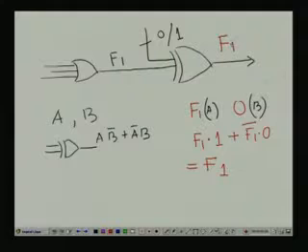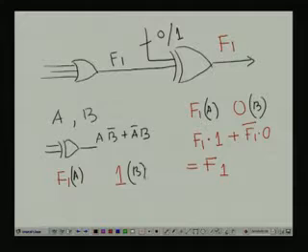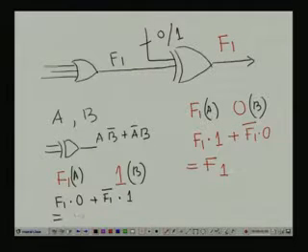Now, if it is F1 and 1, that means this is my A, this is my B, and then A B bar is F1, B bar means 0, plus A bar means F1 bar and B means 1. So, this becomes F1 bar. So, if the XOR input is 1, I will be getting F1 bar.